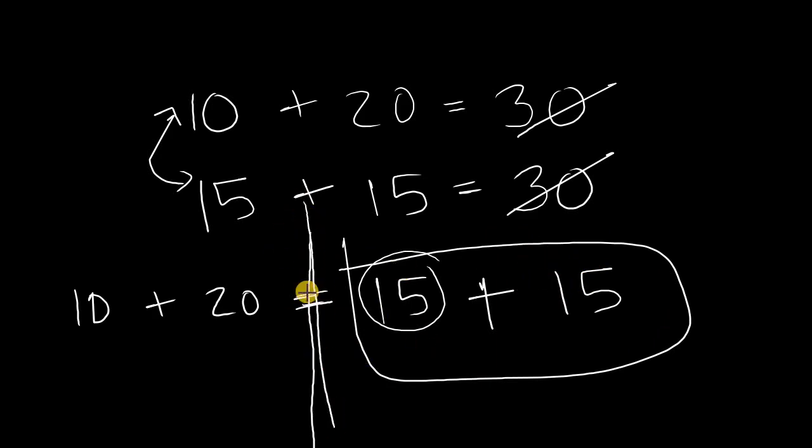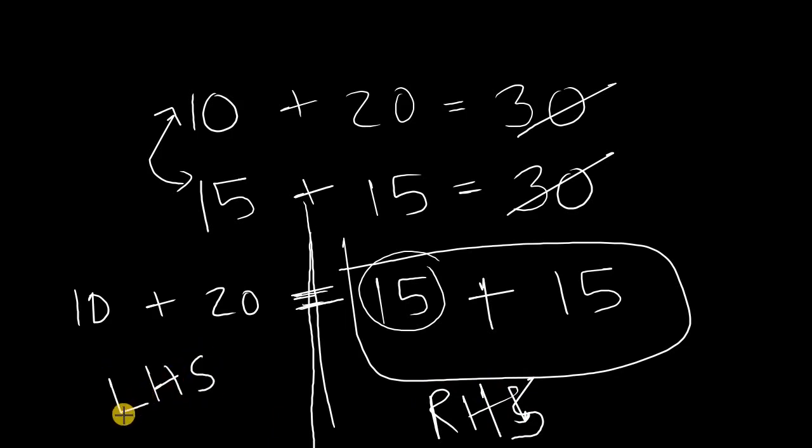Now this is the equal to sign, and on the right hand side of the equal to we have RHS, and on the left hand side we have LHS. Whenever one number moves from this side to another side, the sign in front of the number changes.